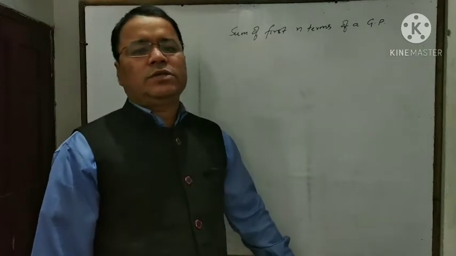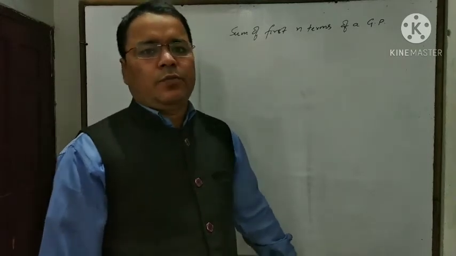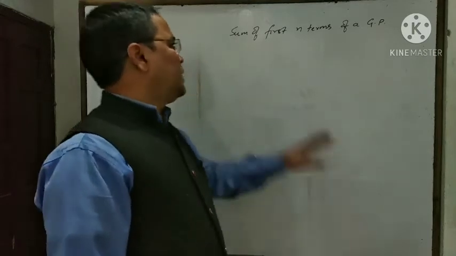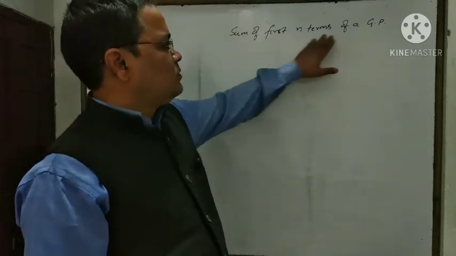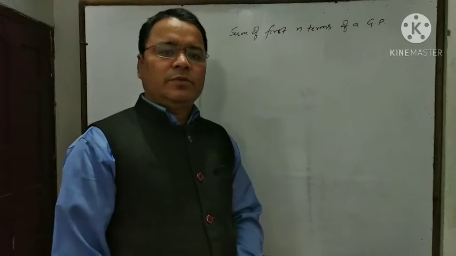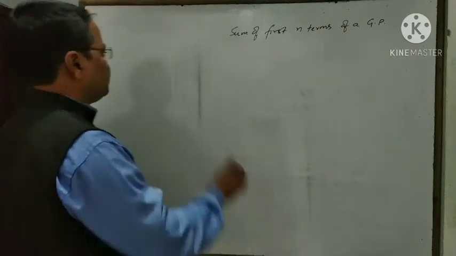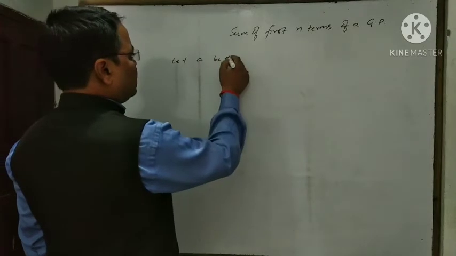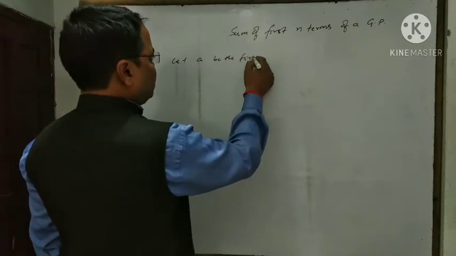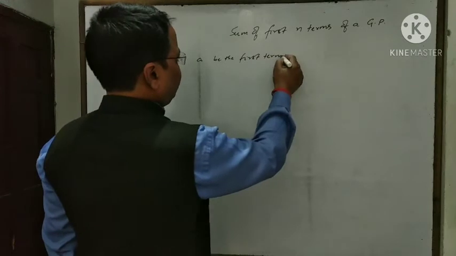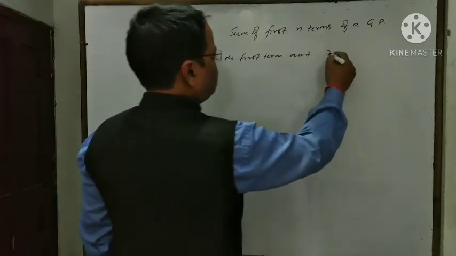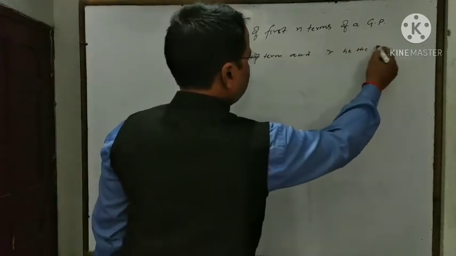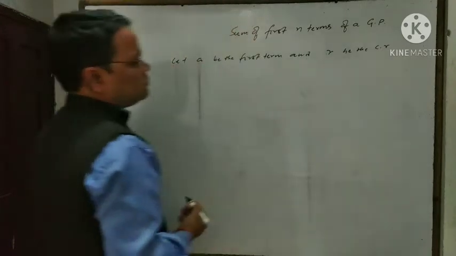In this video class, we will discuss the next topic of geometric progression, and that is the sum of the first n terms of a GP, meaning geometric progression. Let a be the first term and small r be the common ratio.